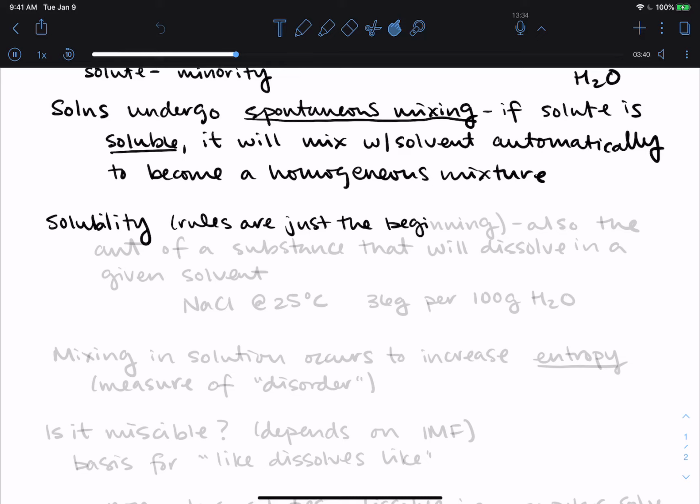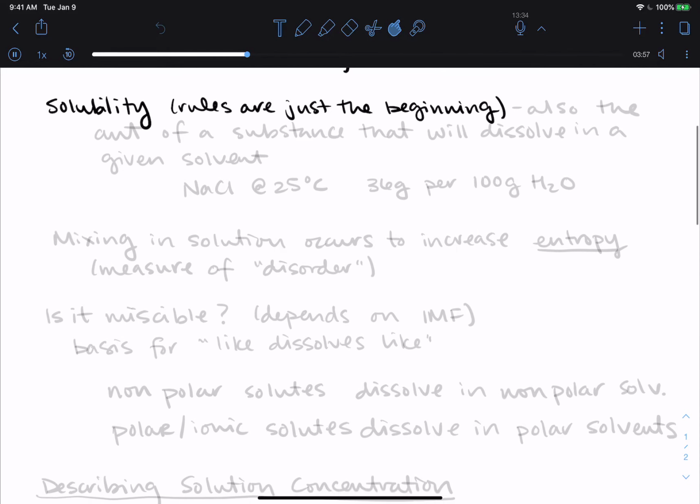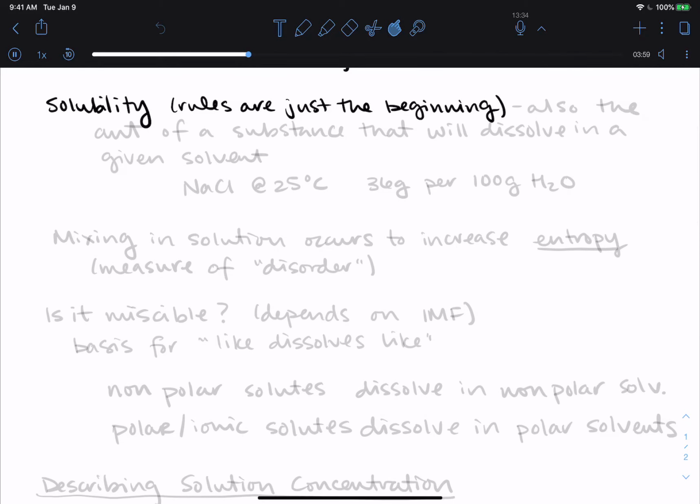When we talk about insoluble things, the solubility rules tell us that something is insoluble, but then we applied equilibrium on top of this concept to talk about degrees of solubility for insoluble things. Now we're talking about degrees of solubility for soluble things.